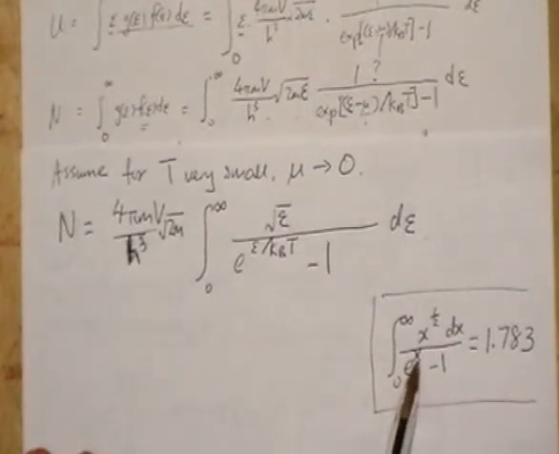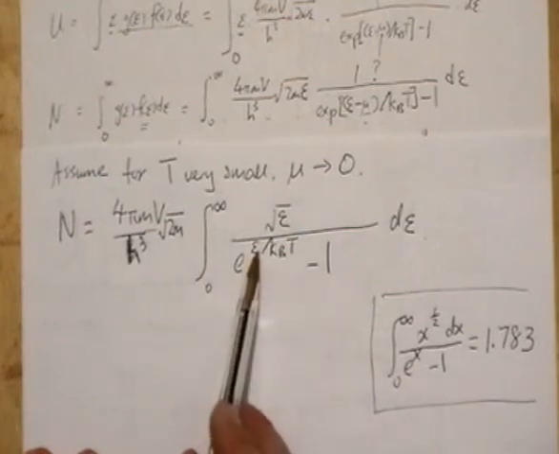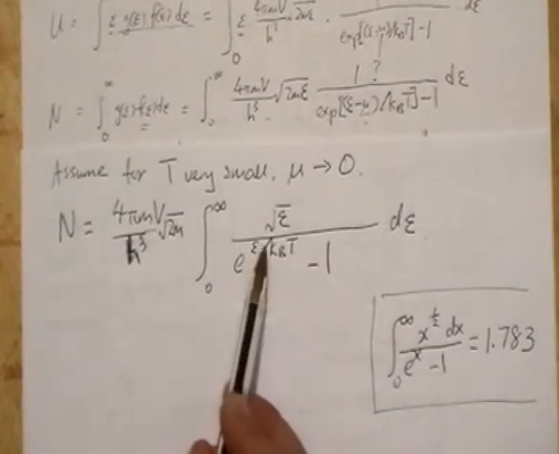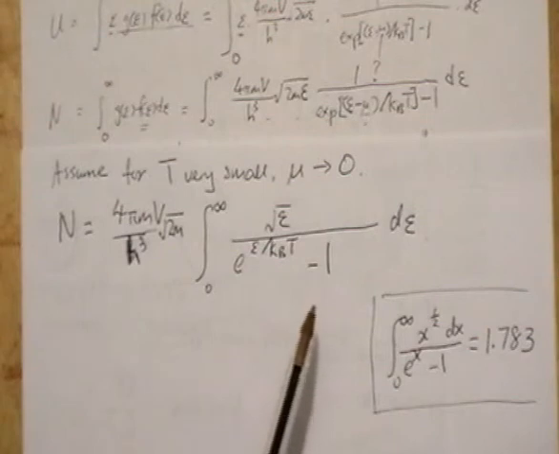So the obvious thing to do would be to make the substitution that x is equal to E over kB T. Now if we do that, we can then make use of this to carry out the integration.